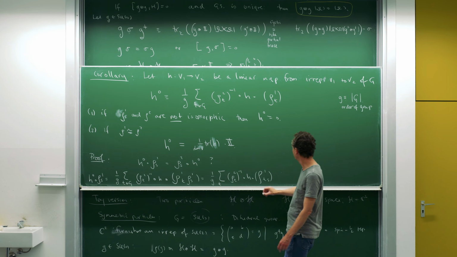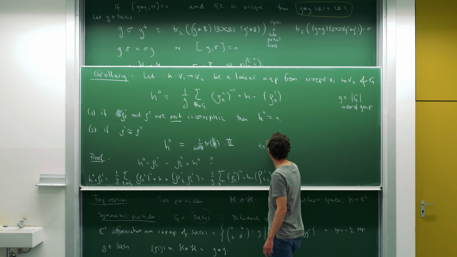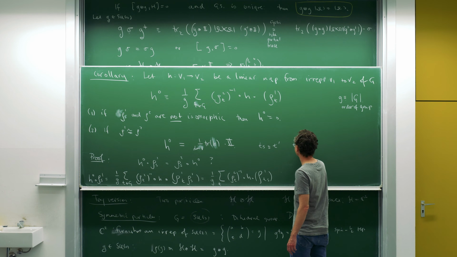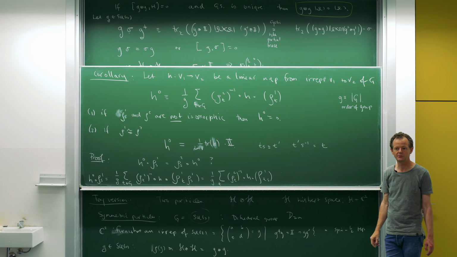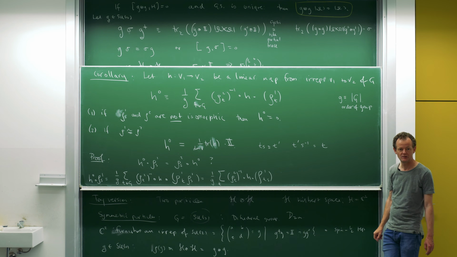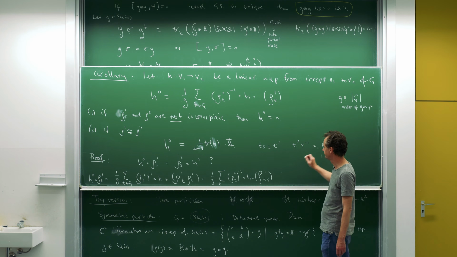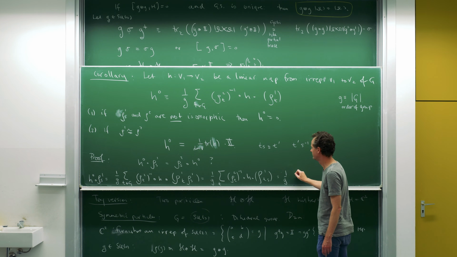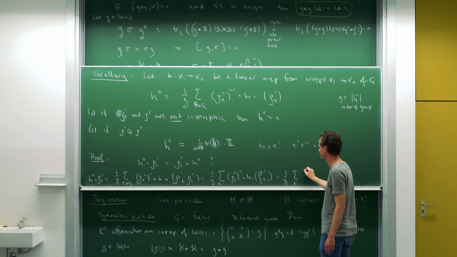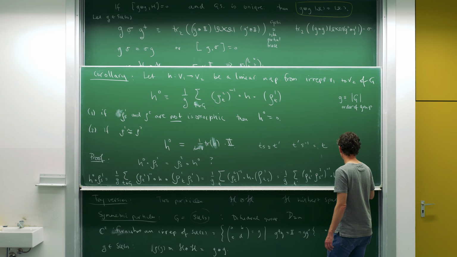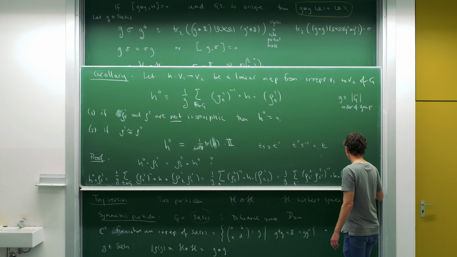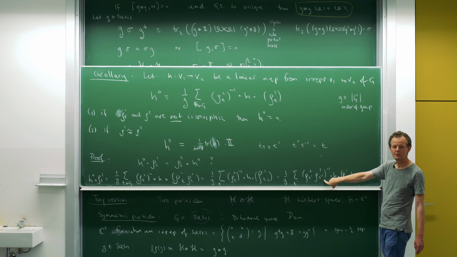You've seen me do this before in the averaging trick, earlier in the lecture course. And then at this point, if you just expand out this inverse here, then we're done.